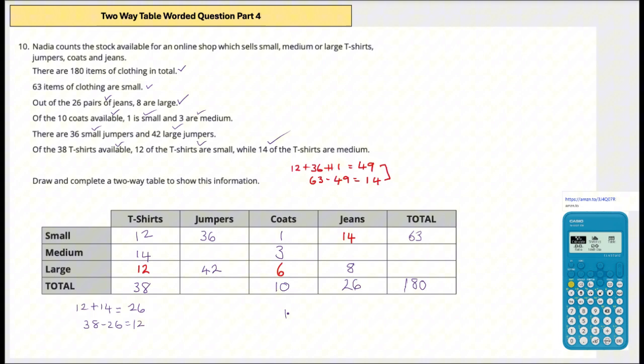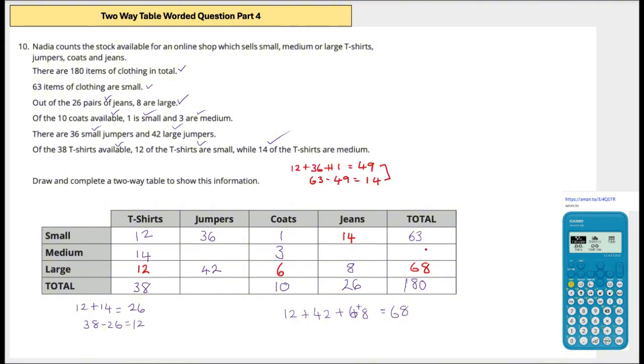So I've got 12 plus 42 plus 6 plus 8 plus 8 equals 68. There we have it. And of course, add all those up, and they should all equal 68.